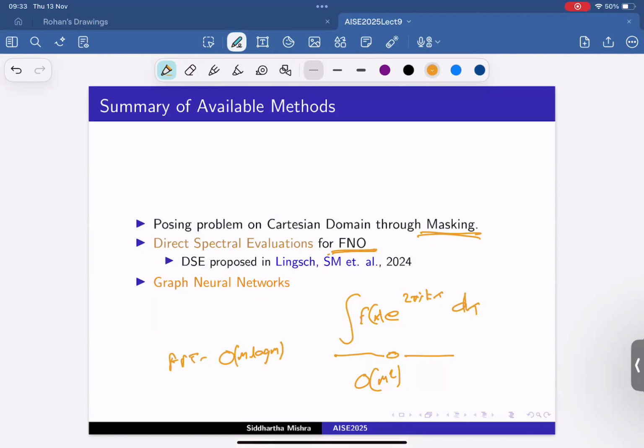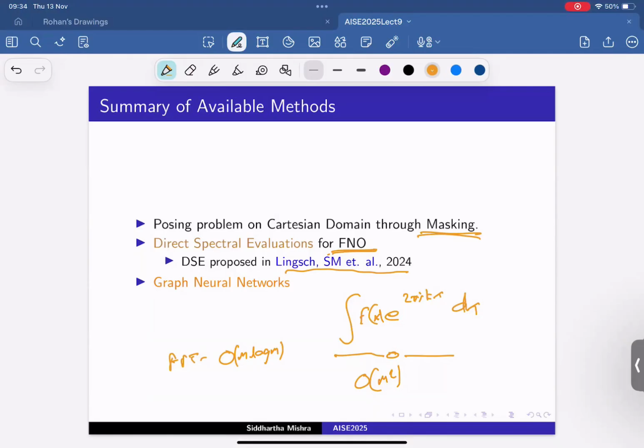But in this paper, which came out last year, I think, from the lab, we showed that you can replace this with just a numerical quadrature. The only reason why this quadrature works is because you don't need too many Fourier modes. If you remember, in FNO we never needed more than 24 or 20 modes.